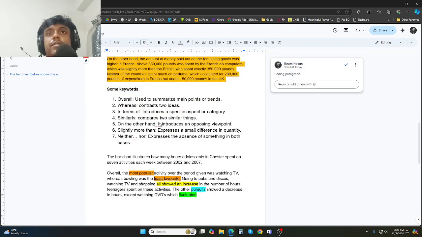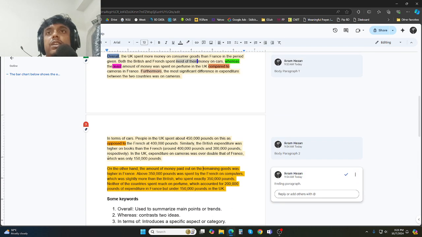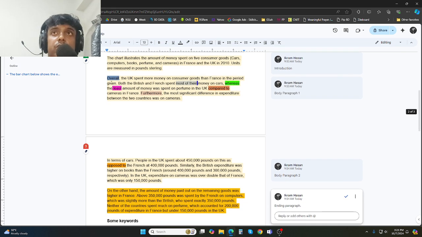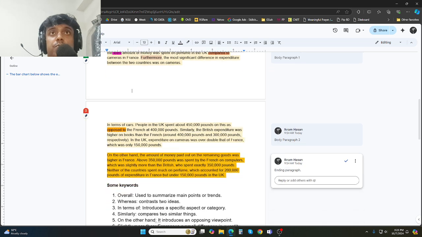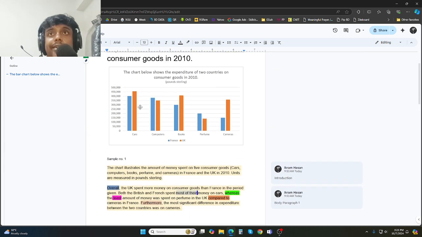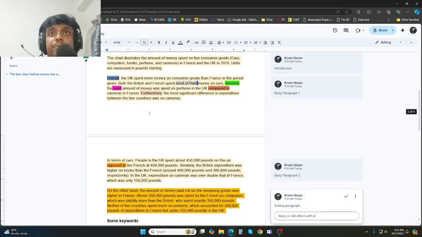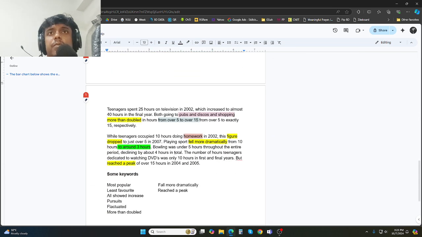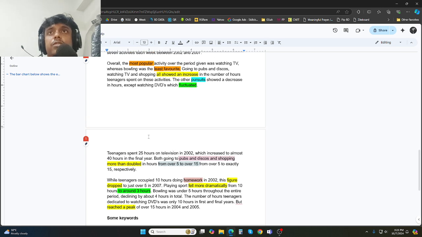So over here we can see the most important keywords or phrases that should be used to explain a bar chart, a simple bar chart. Moving on to the next one, we can also see some important keywords or phrases.